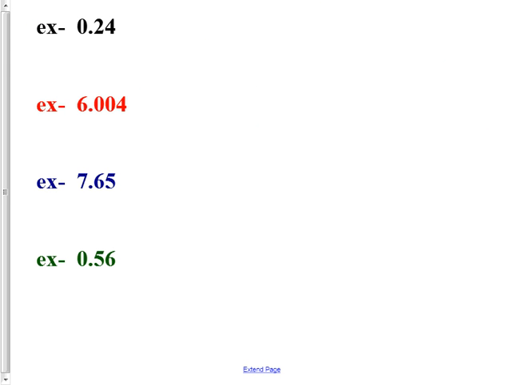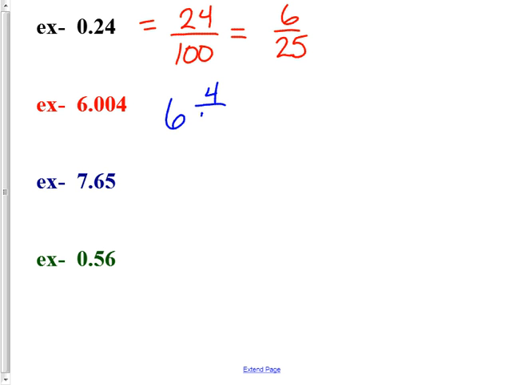So try these on your own. Pause while you do that, and when you're done, hit play and see if you have them correct. All right, so your first one, you should have gotten 24 hundredths, which simplifies to 6/25. For the second one, 6 and 4 thousandths, which simplifies to 6 and 1/250th.